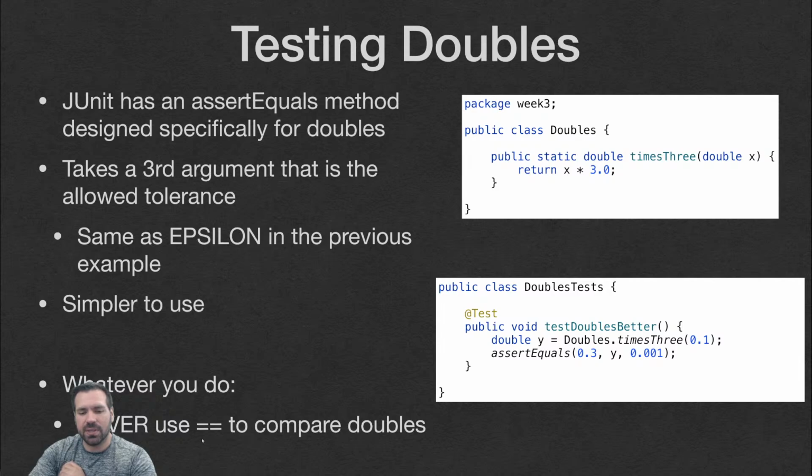But whatever you do, never use equal equal to compare two doubles. Truncation errors will bite you. Sometimes they won't, if you just happen to avoid truncation errors, or if you have the same truncation error in your expected value and your actual value. But that's the scariest kind of bug.